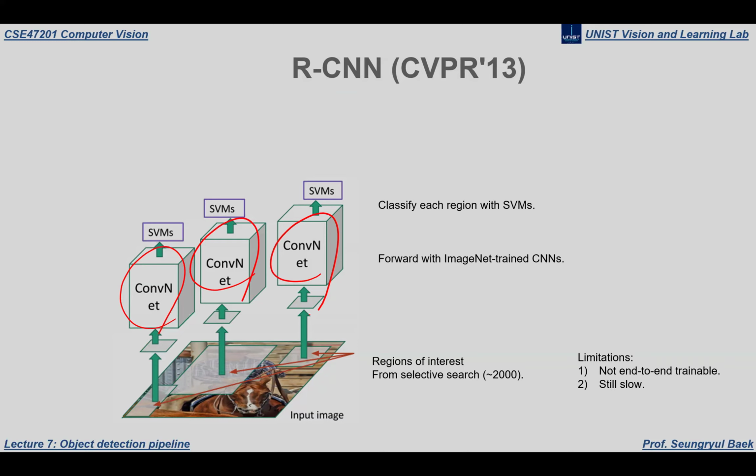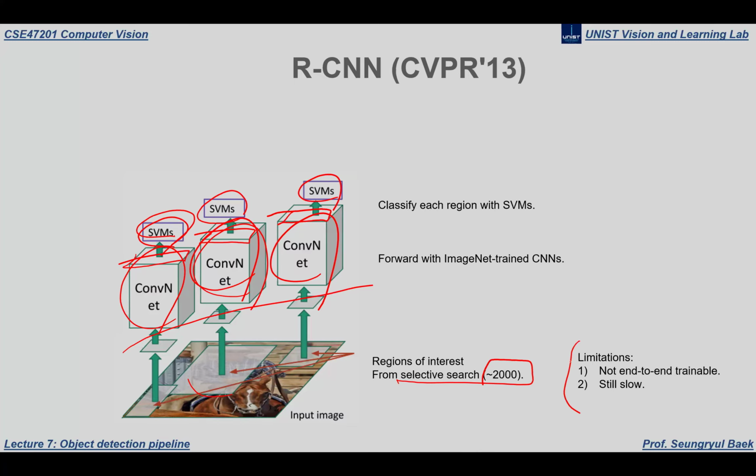And then after getting the features, maybe this time a one-dimensional vector, we apply an SVM classifier to classify those one-dimensional vectors, to map them to the semantic classes.